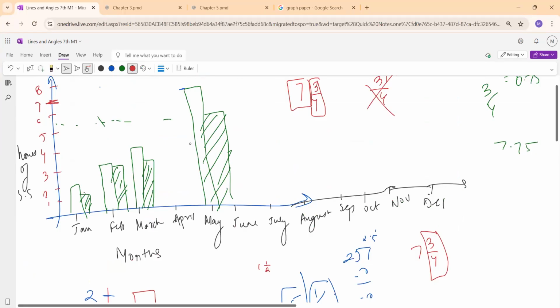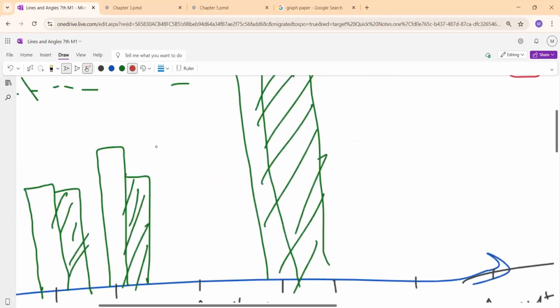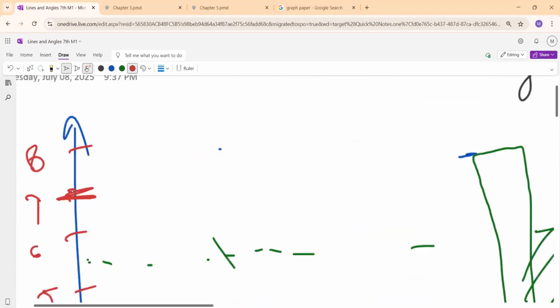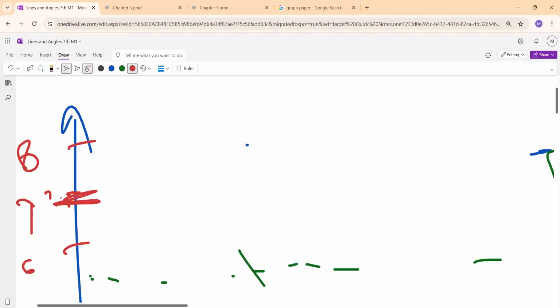You exactly mark it, because if you zoom in and mark it, you won't write 7.1, 7.2, 0.1, 0.2, 0.3 and then reach 0.5. You will eventually write it as 7.5. Now is this clear?